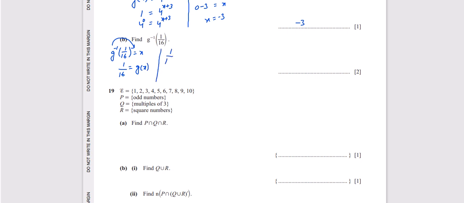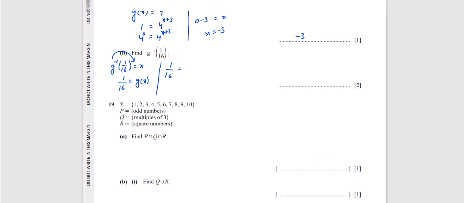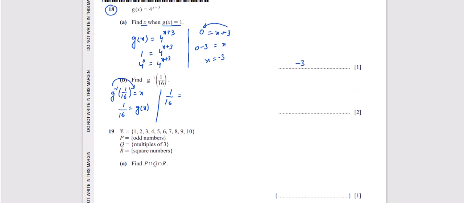The function g of x is 4 raised to the power x plus 3. So 16 should be written as a power of 4, 4 raised to the power 2 is equal to 16, and 4 raised to the power x plus 3.